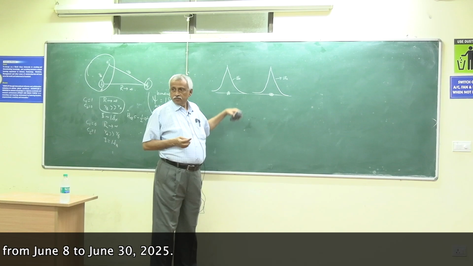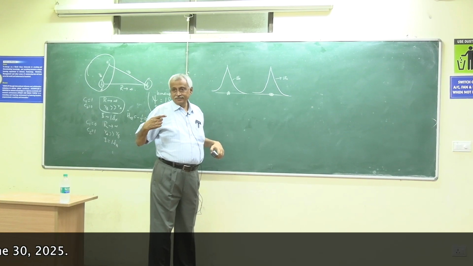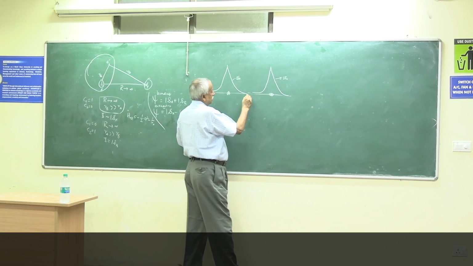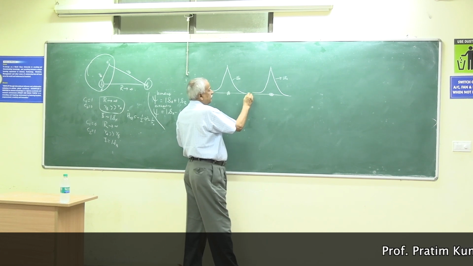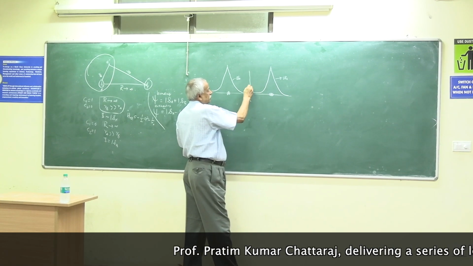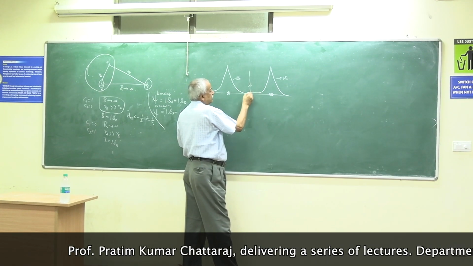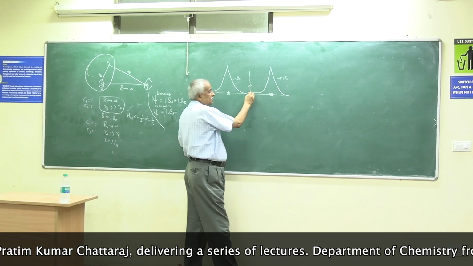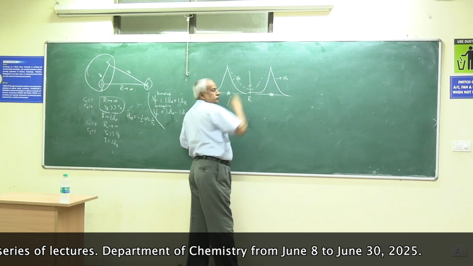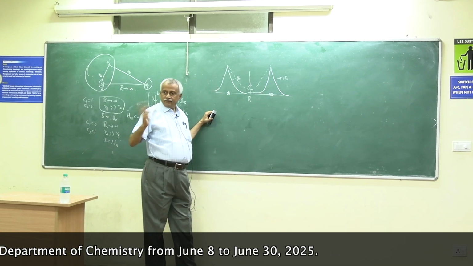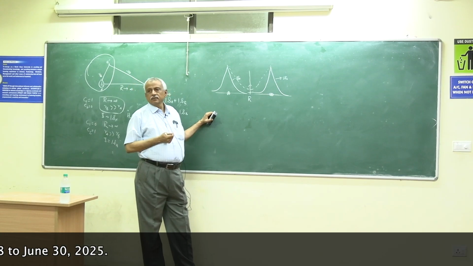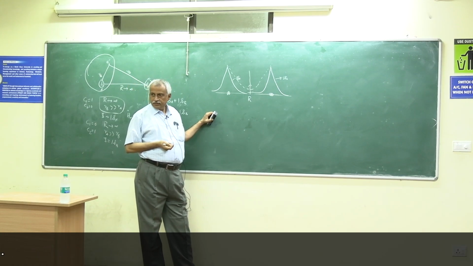So you have to add: at any given point R, 1sA has a value, 1sB has a value. Let's say I am talking about this point. So you have 1sA here and 1sB here. Everywhere you have to add two numbers, so the sum will be slightly higher than the two individual values.